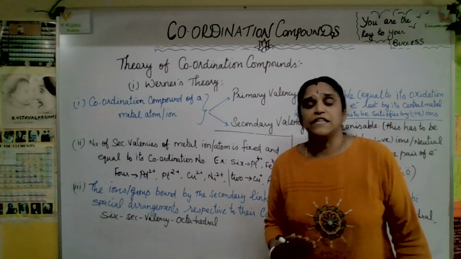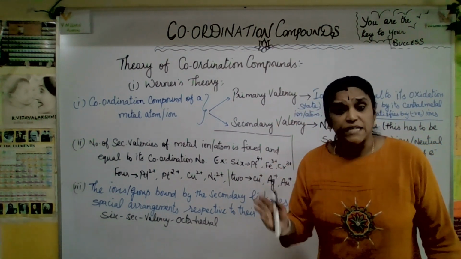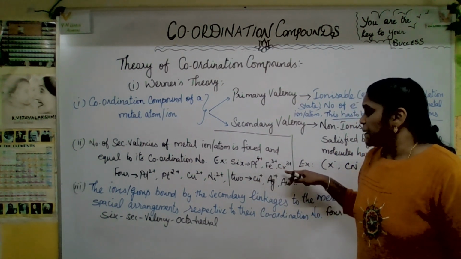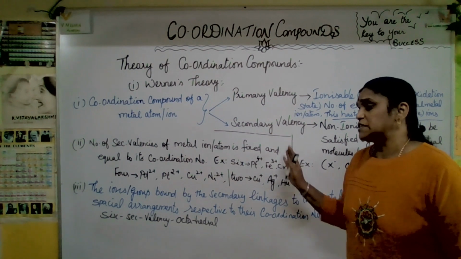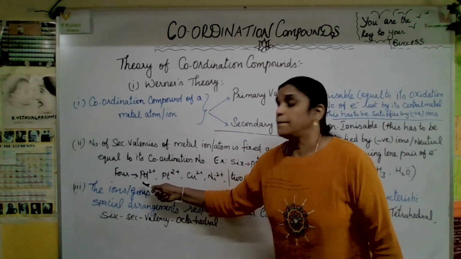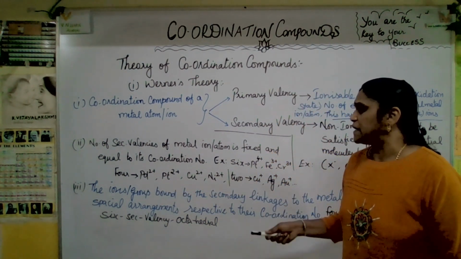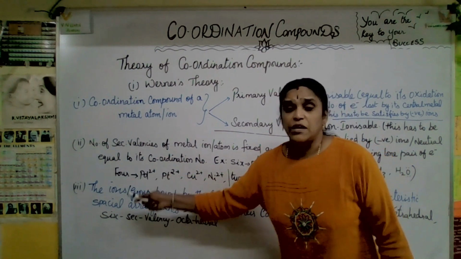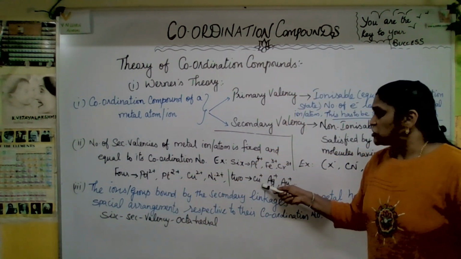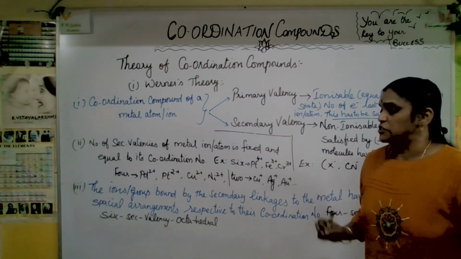For example, suppose coordination number 6: platinum 4 plus, iron 3 plus, chromium 3 plus have coordination number 6. Coordination number 4 means palladium 2 plus, platinum 2 plus, Cu 2 plus, Ni 2 plus. Coordination number 2 means Cu plus, Ag plus, Au plus.